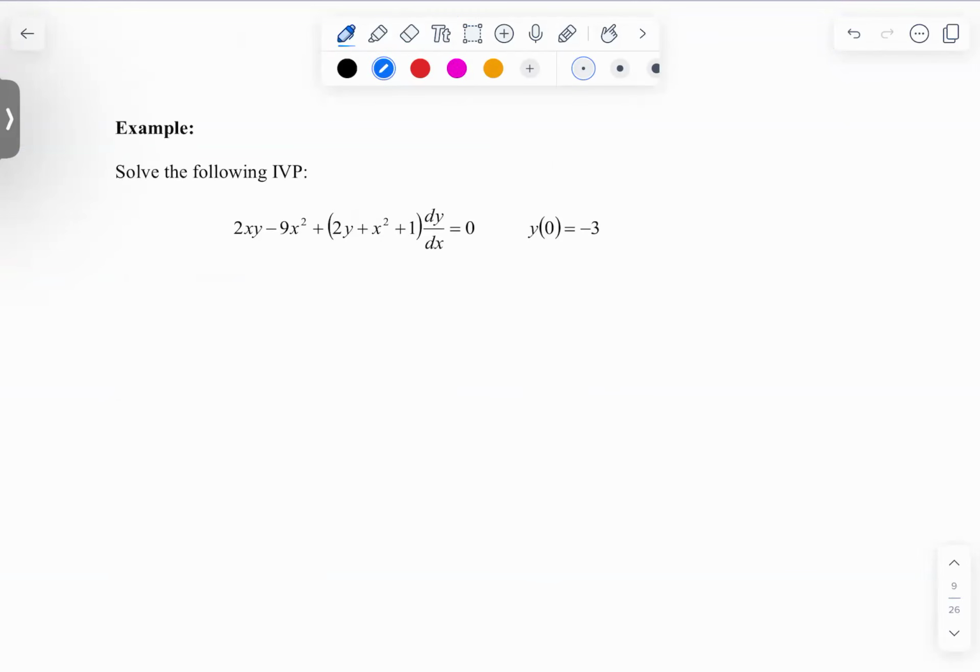So back to our example, we already know our solution here. We identified our equation, and again, I really like the form 2xy minus x plus.